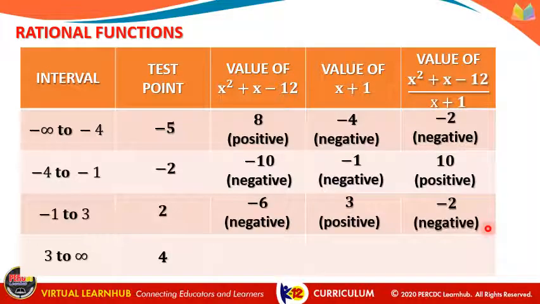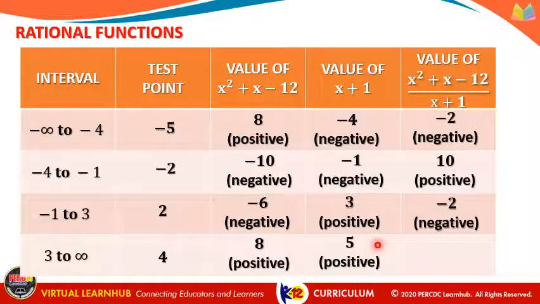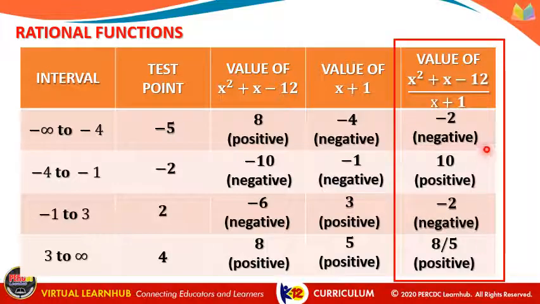Lastly, if x is 4, x squared plus x minus 12 is positive 8, and x plus 1 is equal to positive 5. Solving for the value of the expression, we will get positive 8 over 5. This means that if x is between 3 to infinity, our expression is positive. Again, ang kailangan lang natin is yung sign ng expressions natin.